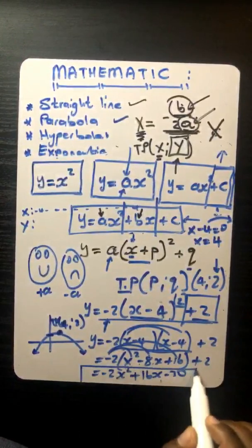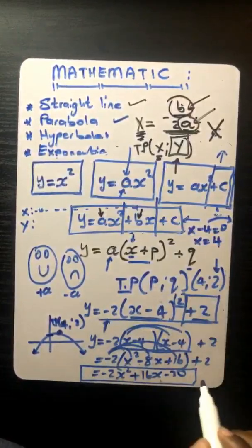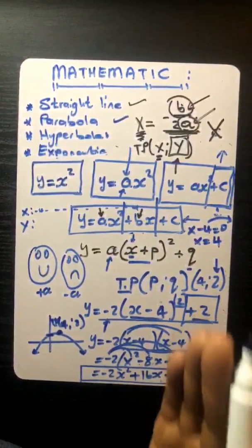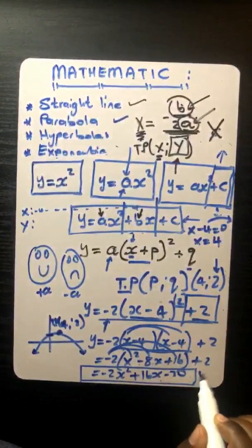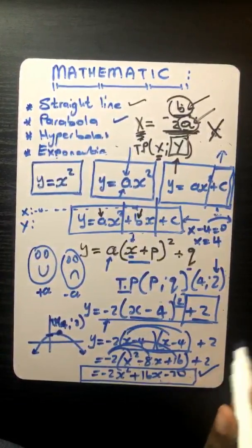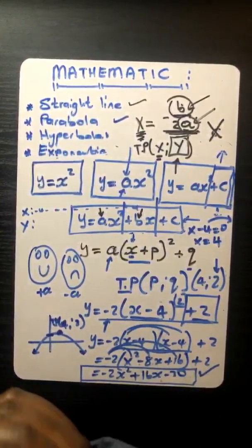So can you see I've converted it from this form to that form. That's if it is necessary for you to convert it. But in some instances, depending on what the questions will be, you might not need to convert it, but just leave it as it is.